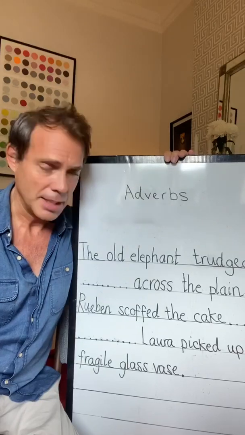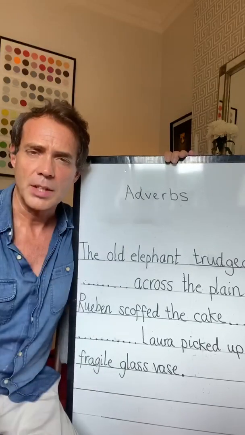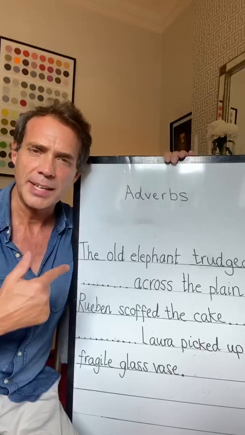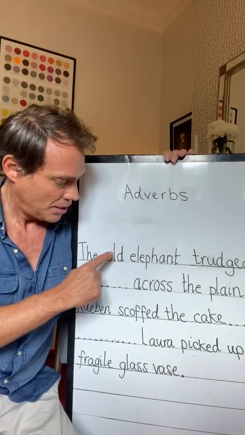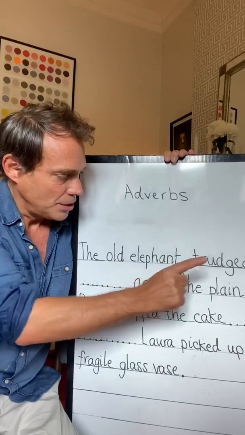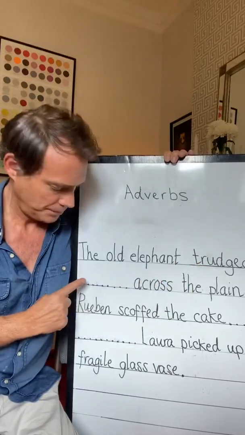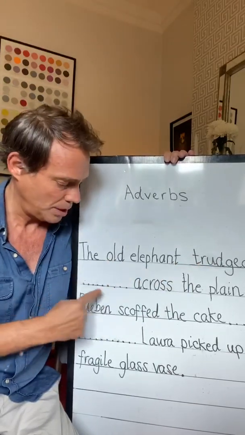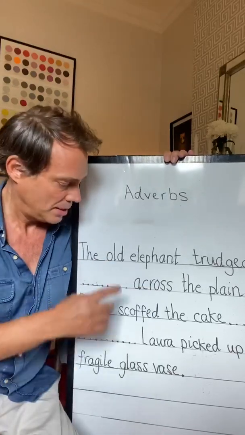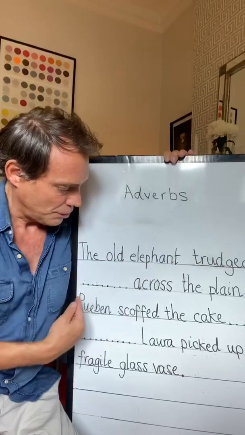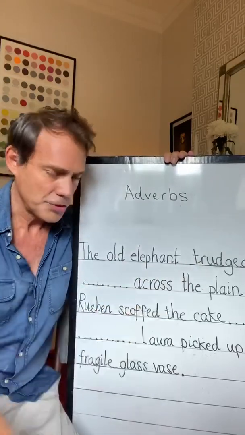We've got a sentence here, but there is a word that's missing, okay? We're going to put in an adverb into this sentence. Here's our sentence. The old elephant trudged. Here's a missing word. This is going to be our adverb. Across the plain. The old elephant trudged across the plain.